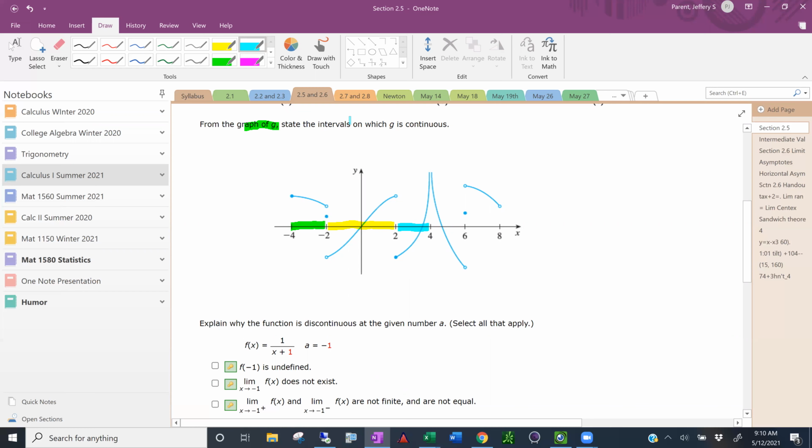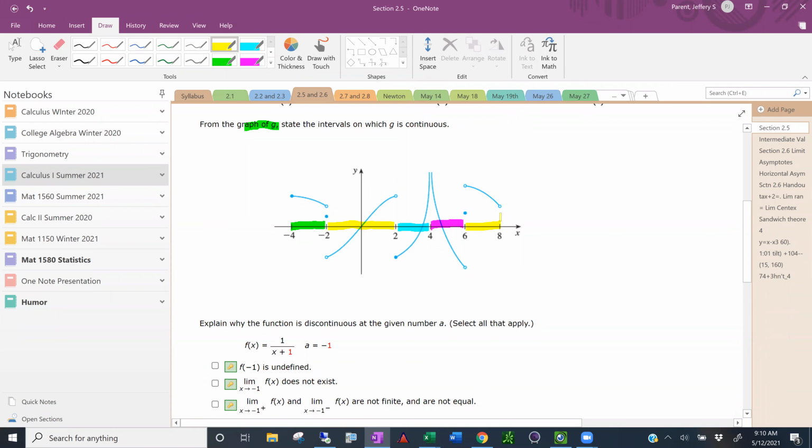Then union 4 to 6. And finally 6 to 8. And let's put that in one last little color. So those are the intervals where it's continuous.